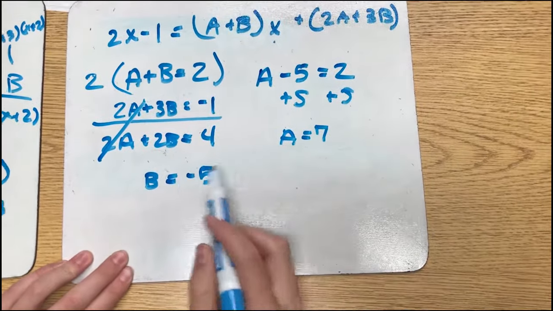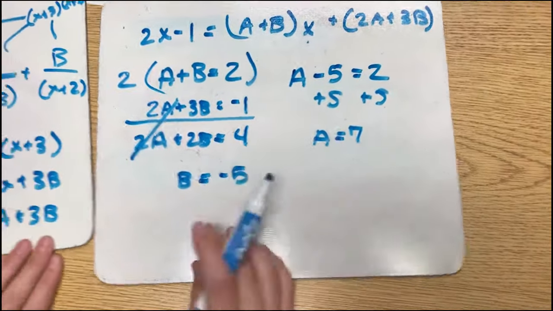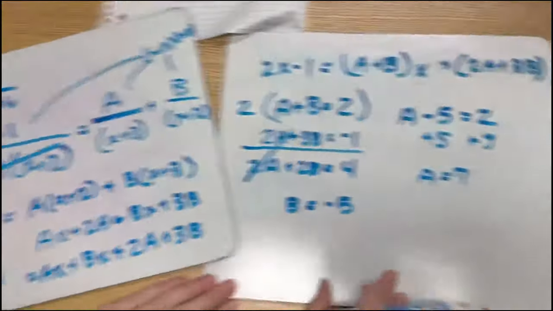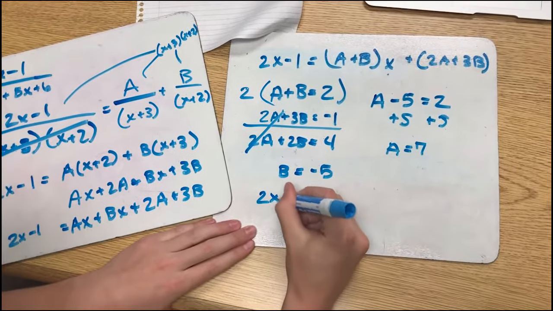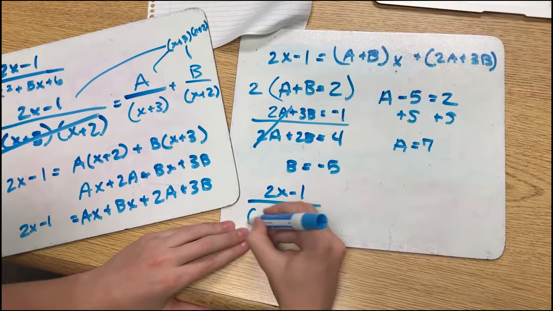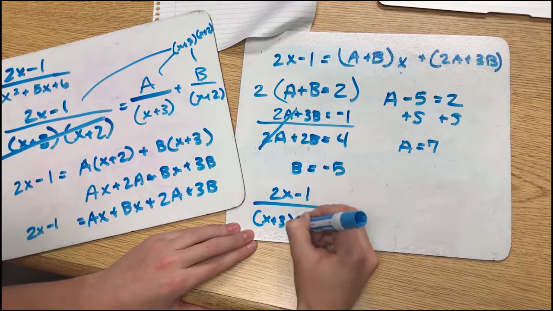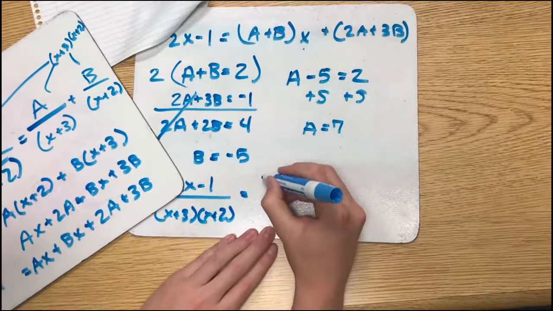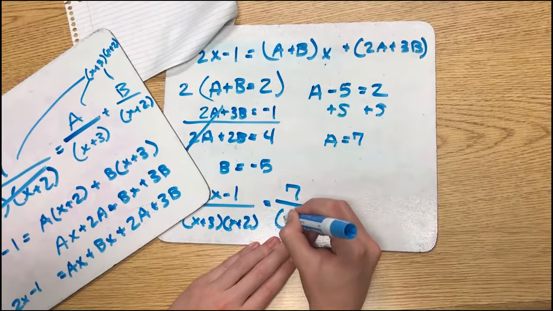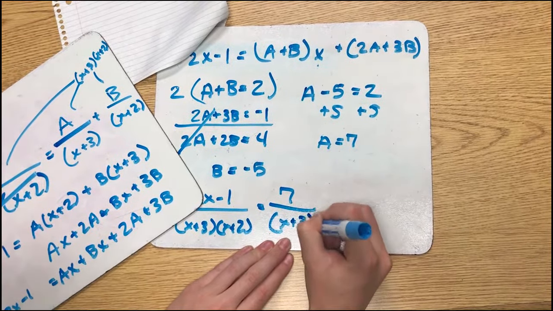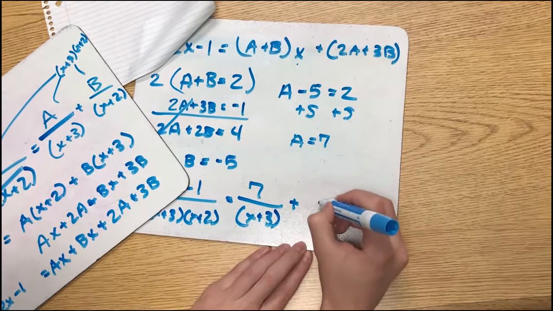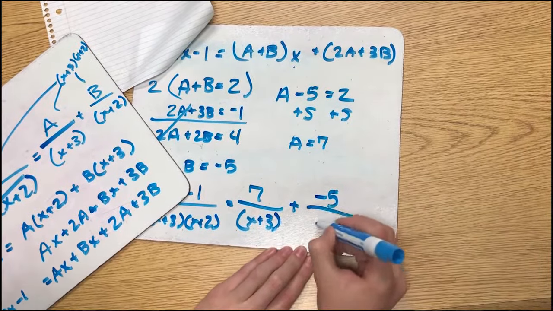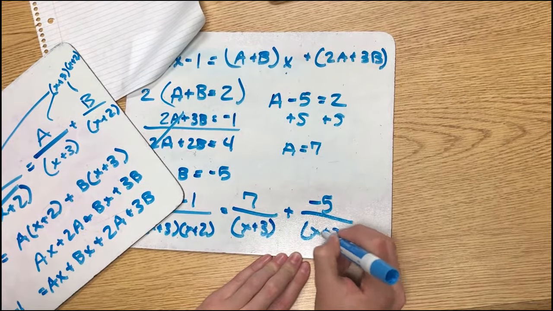Alright, and now for our final step, we plug it back into this equation over here, and we will get 2x minus 1 over x plus 3, x plus 2 equals 7 over x plus 3 plus negative 5 over x plus 2.